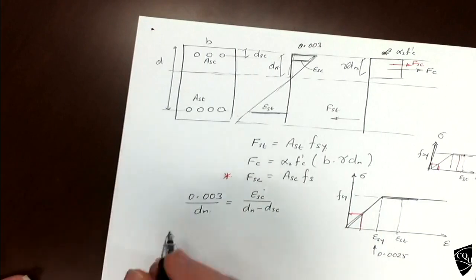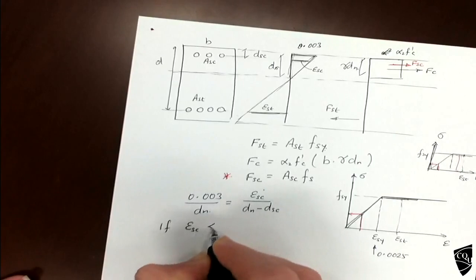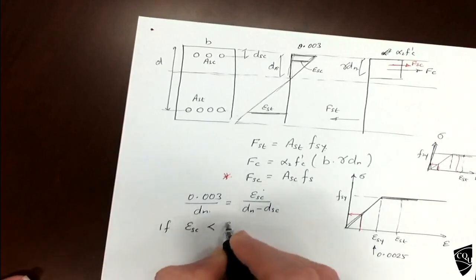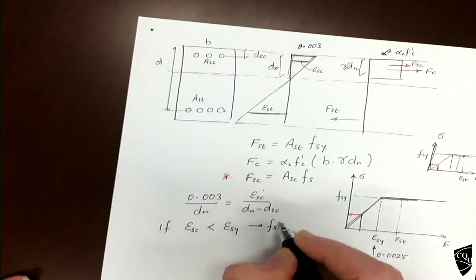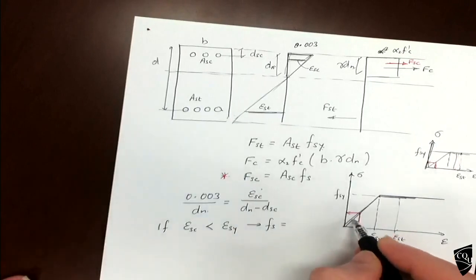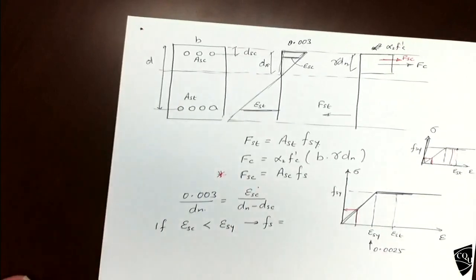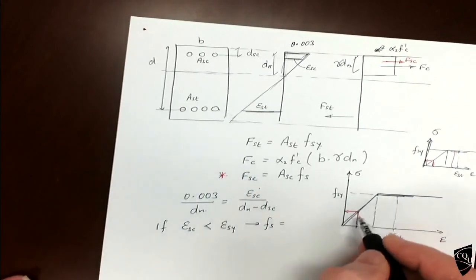Okay, so if strain is less than yielding strain, the stress in the material will follow Hooke's law. This is the Hooke's law line.